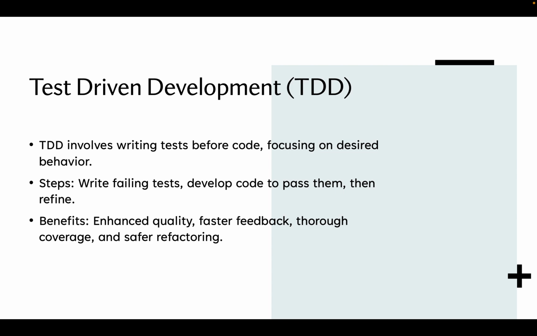Test driven development involves writing tests before code. It focuses on desired behaviors. So there are steps to do test driven development: writing failing tests, and developing code to pass them, then refine.